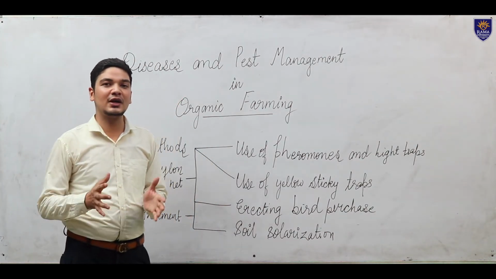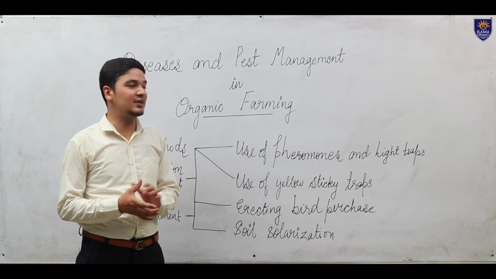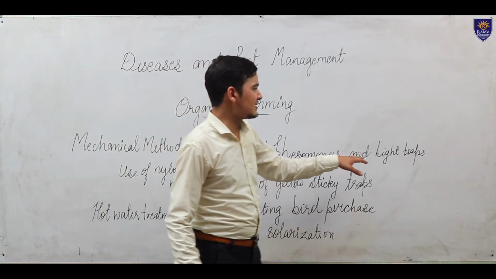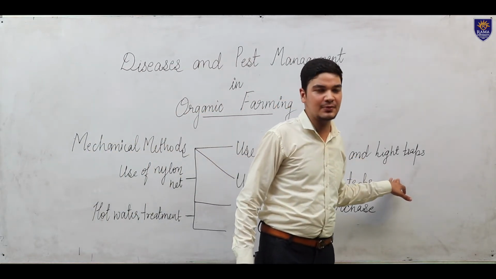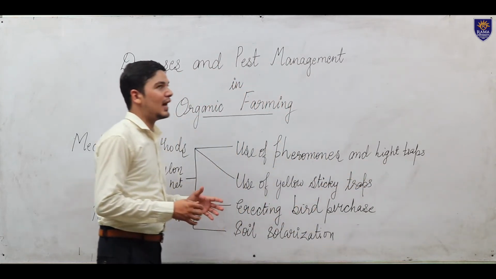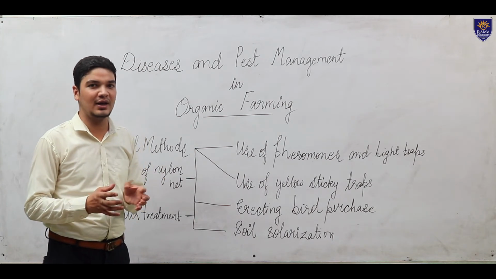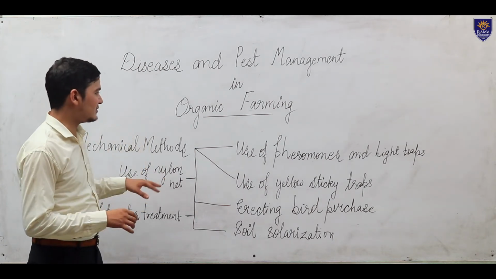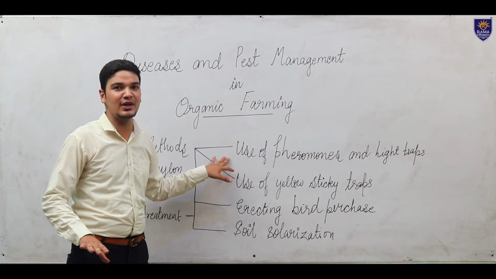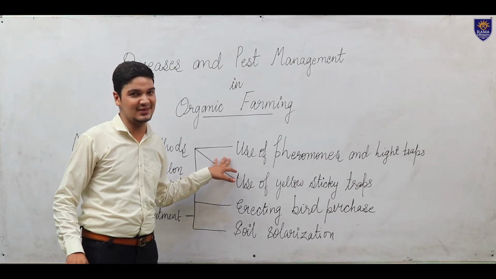So we can check our insect population with these traps, and in some cases we can use light traps. Here we use lights to attract those insects, and when they come to the light, they are easily trapped. This is a method where we are not using any kind of synthetically compounded pesticides.